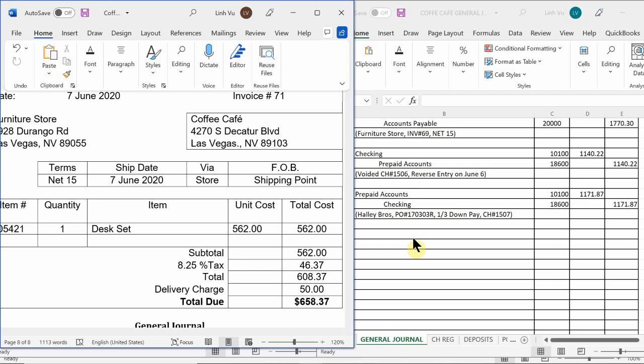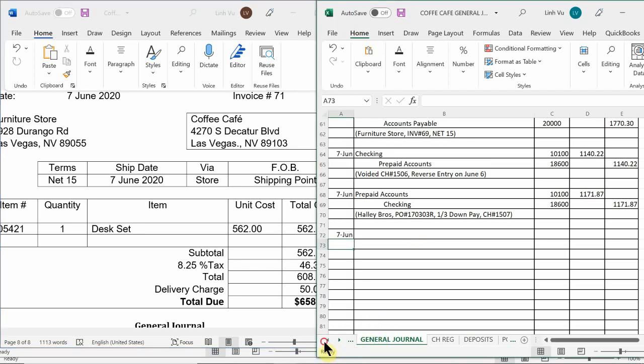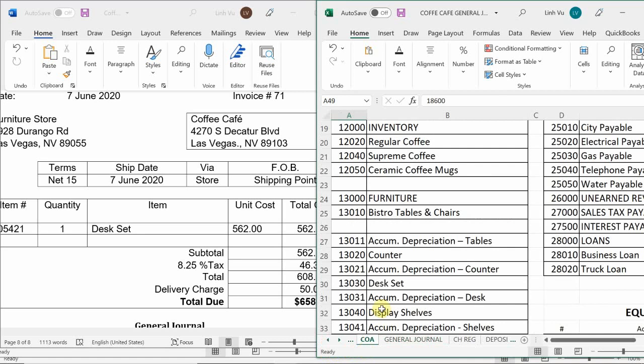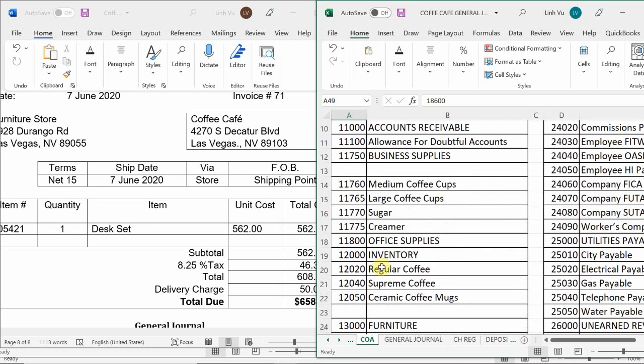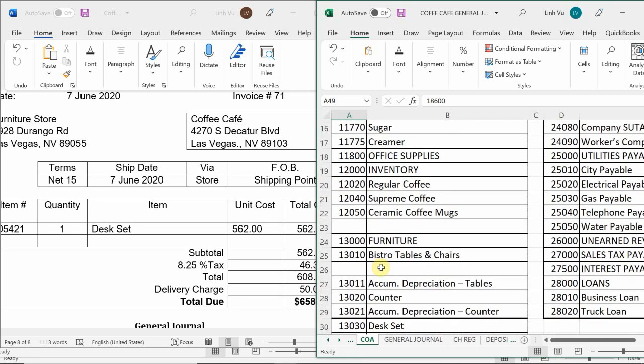Right, we purchased a fixed asset, right? So we check our chart of accounts. We bought a desk set. Is there anything in here that's remotely a desk set?